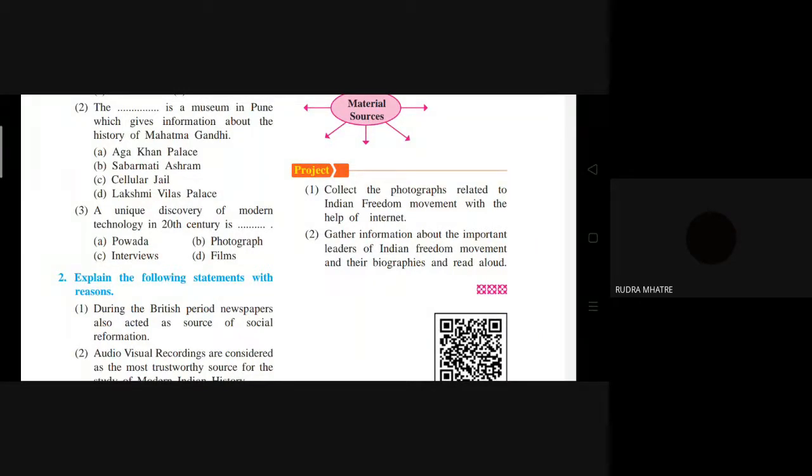Now, third is, a unique discovery of modern technology in 20th century is dash dash. Yes, it's D, films. Gaurav, please read the sentence with the answer. Yes, ma'am.